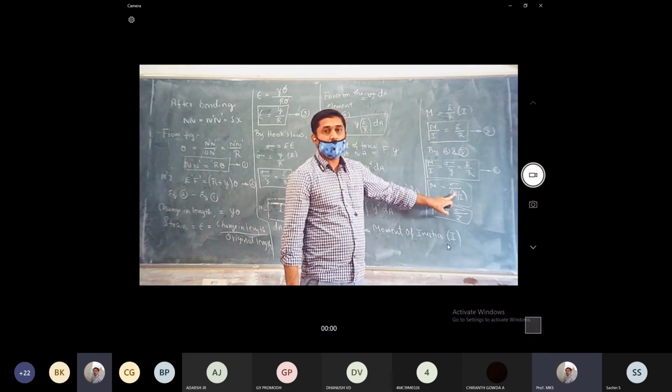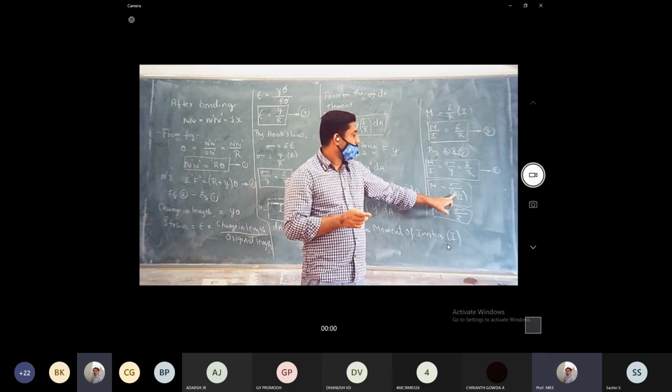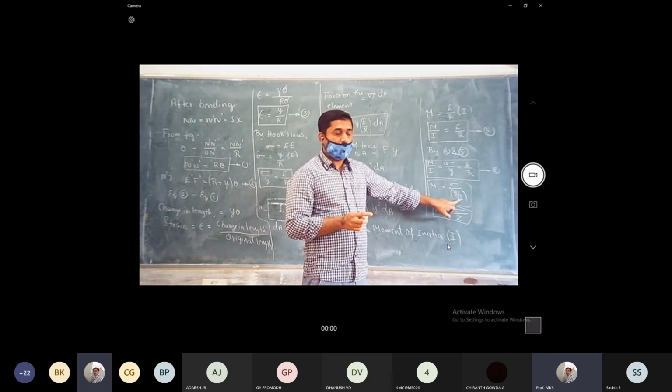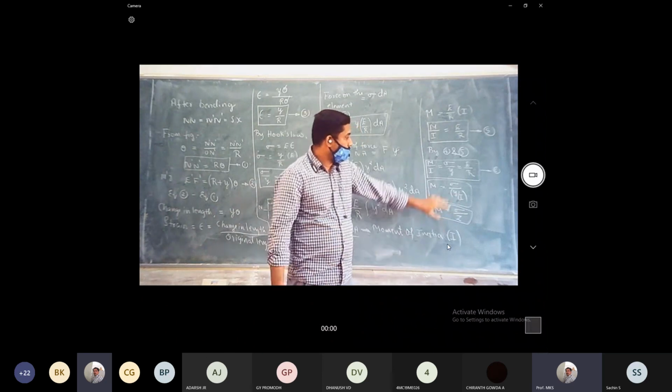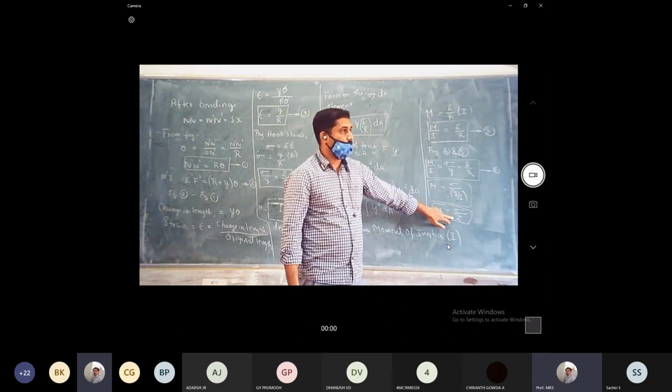It is called the section modulus. It depends on the type of cross section. If it is a rectangle, the moment of inertia is different. If it is circular, there are different equations. We'll tell that while solving the problems. So this term we call the section modulus.